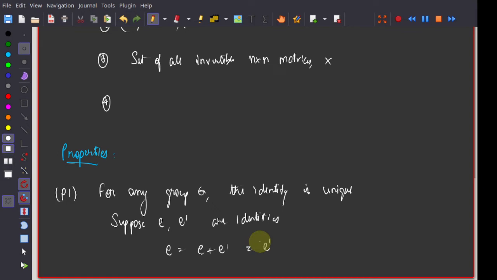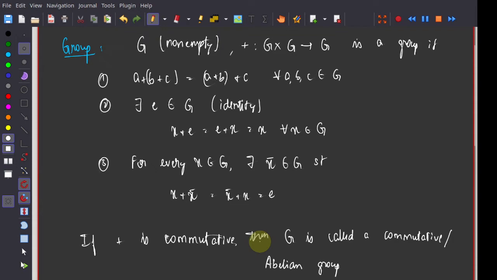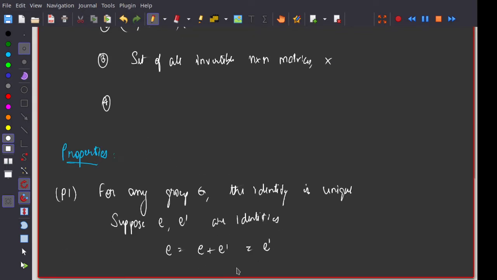This may not be so important when the group is commutative, but in a non-commutative group, both these statements are required. You can't just say that x plus E equals x. In principle, you could have defined a right identity and a left identity which could be different, in which case you can't argue this.